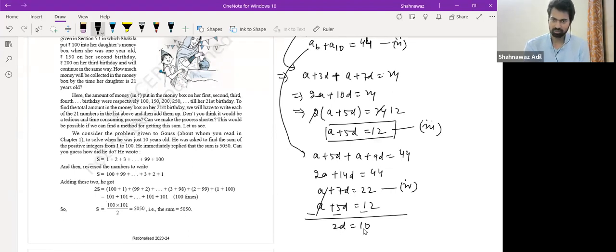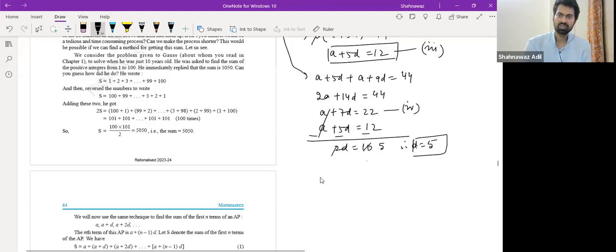Right. So d is 5, and a plus 5d is 12. So we can use the third equation. This would be a plus 5 into 5 is 12.